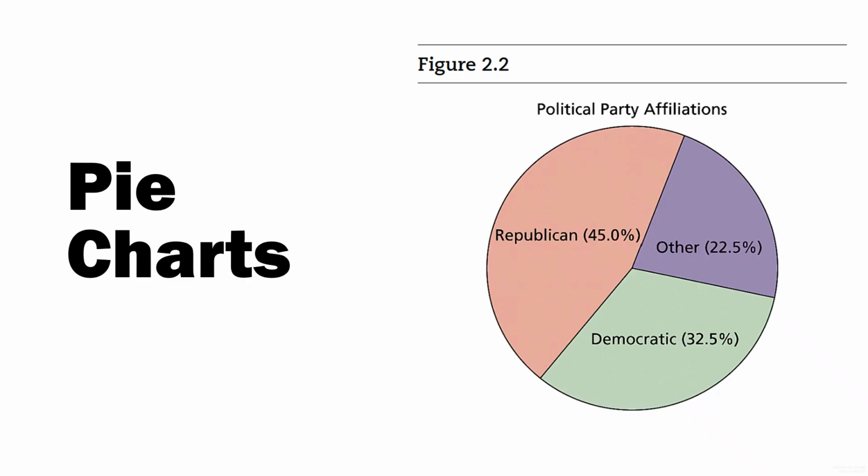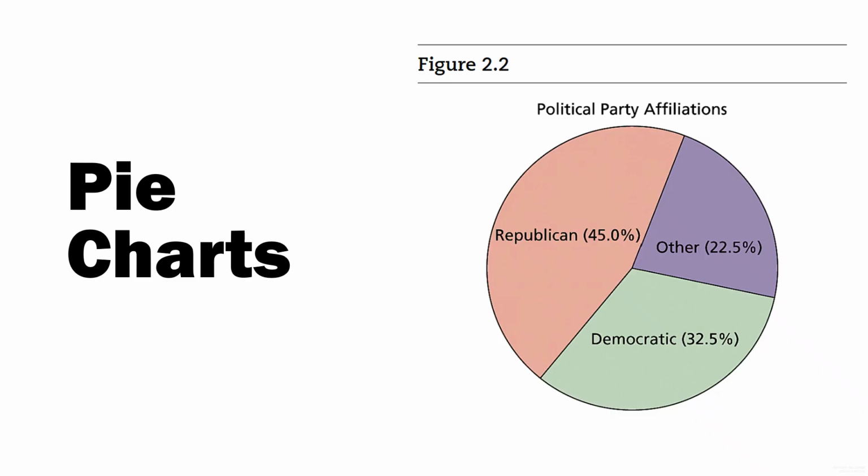The example I'm showing here is the pie chart of the political party affiliation data, and we looked at that relative frequency data before. It works okay when you only have three slices. It's pretty clear. You can see the Republicans, Democrats versus the other. One thing I want you to notice here is that we express the relative frequencies as percentages.